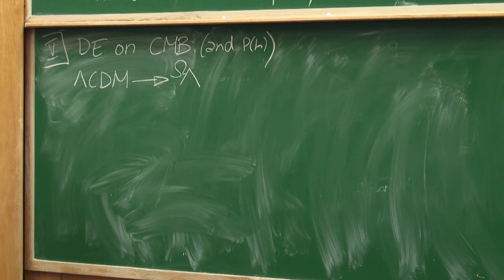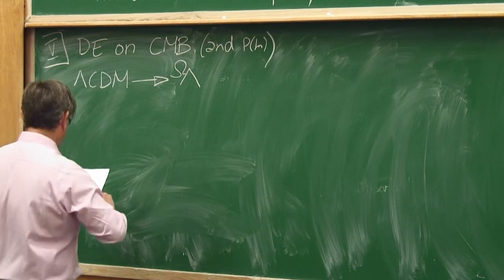So we know the sound horizon at decoupling, and omega lambda is inferred then from the angular diameter distance. And this works very well, unless you assume that the universe could be open or closed, in which case there is another degree of freedom in the angular diameter distance, and it ruins your measurement of omega lambda.